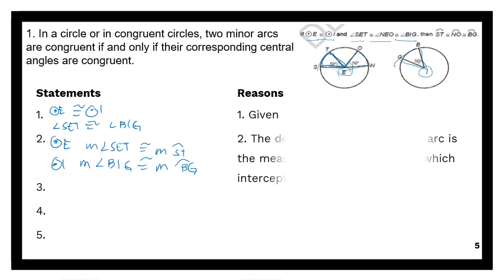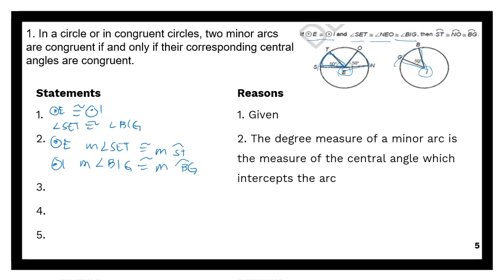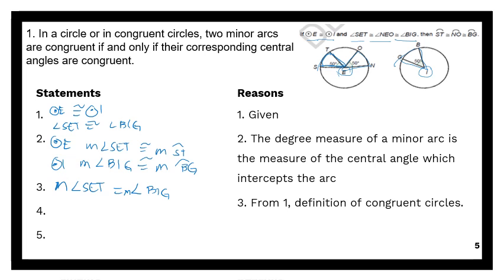So, what is the reason behind that? That is based on the degree measure of a minor arc is the measure of the central angle which intercepts the arc. Number 3: the measure of angle TES is equal to the measure of angle BIG. Why? Because that is based on the definition of congruent circles.